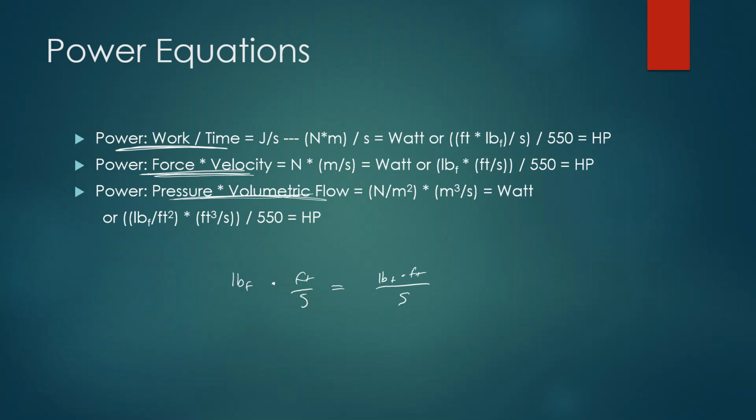So pretty simple there. However, the pressure times volumetric flow rate, well, pressure, our base unit of pressure is pound force per foot squared times volumetric flow rate, which is going to be in feet cubed per second. And of course this cancels out, and we get pound force foot per second.